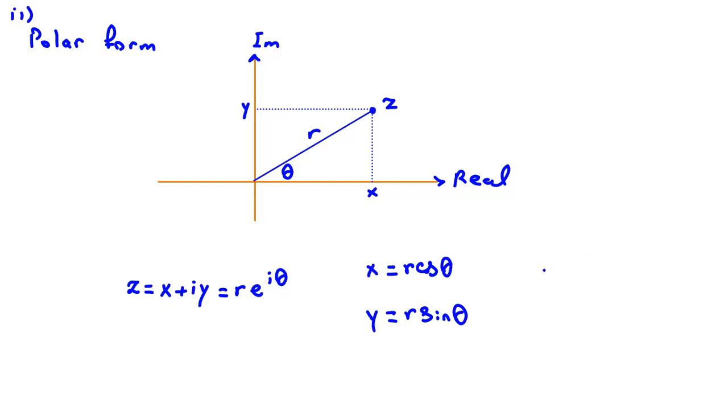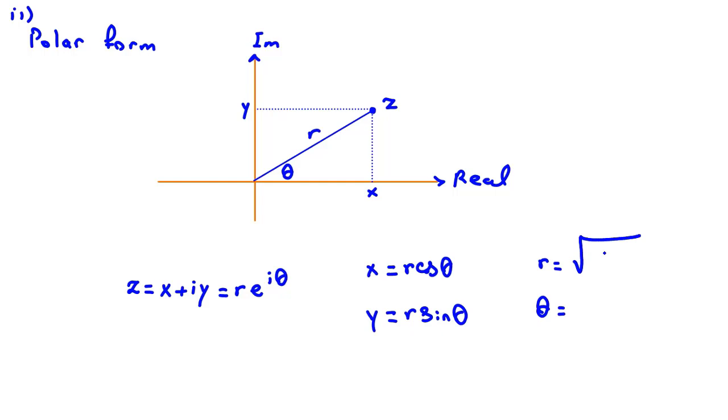Now, suppose we have x and y, we want to find r and theta. Find r and theta first on your own. Okay, by Pythagorean theorem here, it is x, it is y.